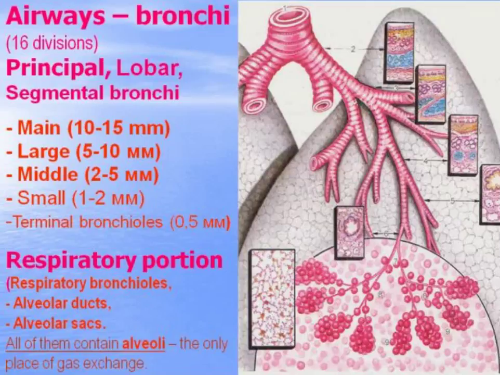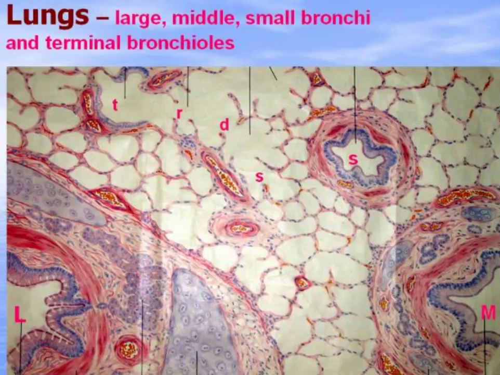There are significant changes in the structure of the bronchi wall, from main to small. This picture demonstrates these differences. All bronchi are tubular organs, consisting of 3 membranes.